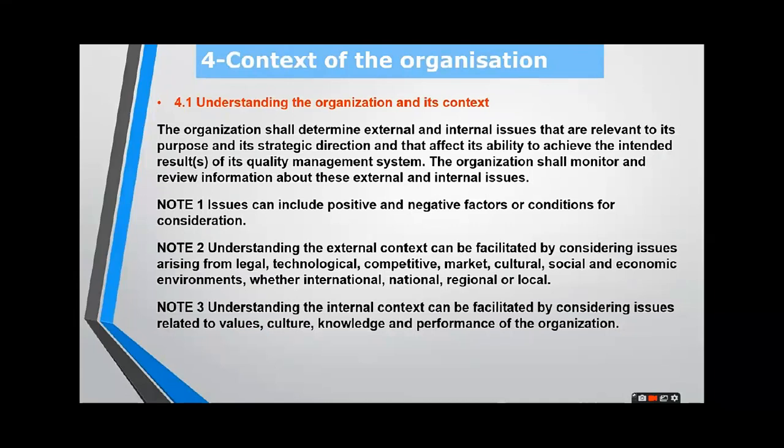If we talk about external issues, these are factors outside of the organization that can affect its performance, like legal, technological, cultural, economic, social influences. The goal of this clause is to analyze these factors to determine their relevance to the organization's quality management system.